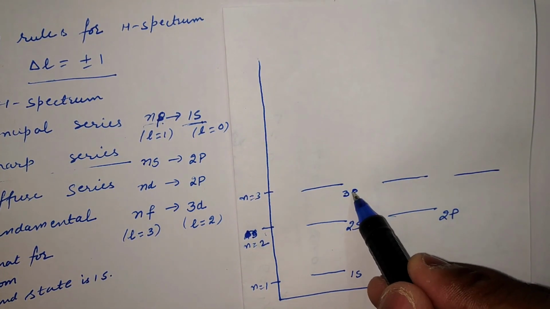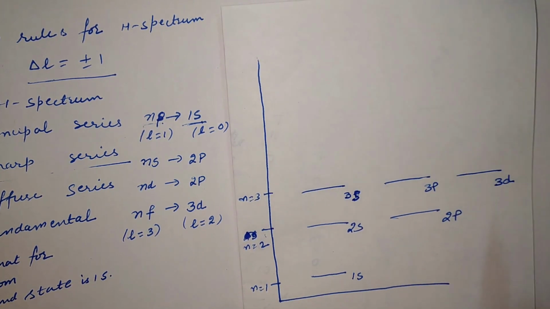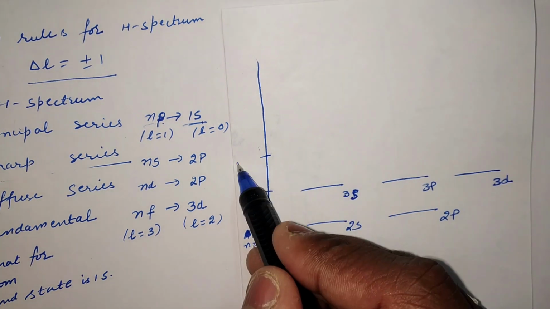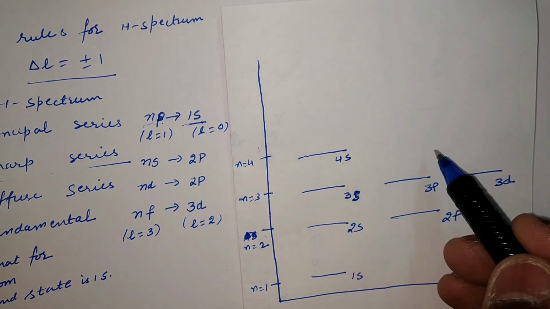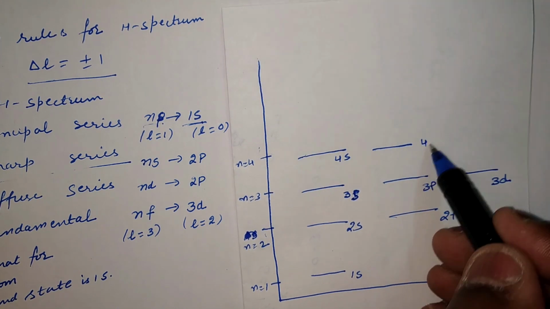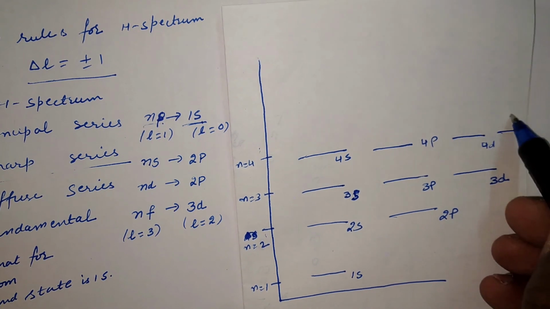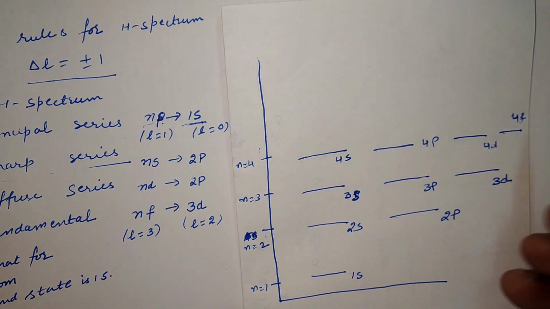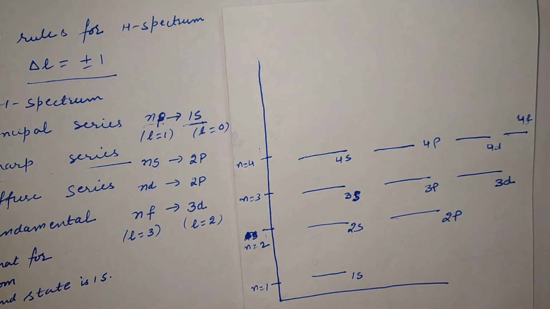For n equal to 4, we have 4s, 4p, 4d and 4f. So from this energy level diagram we will draw all the 4 series.